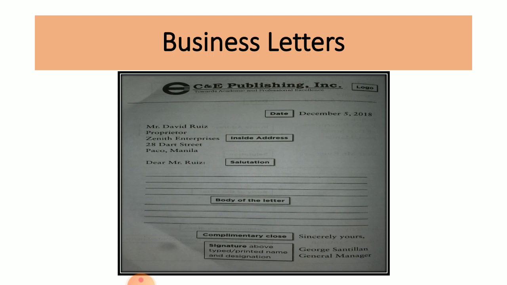Then, begin your email with a professional greeting followed by the body, closing, and signature. Include your full name and contact information such as email address and phone number. So that is about business letters.